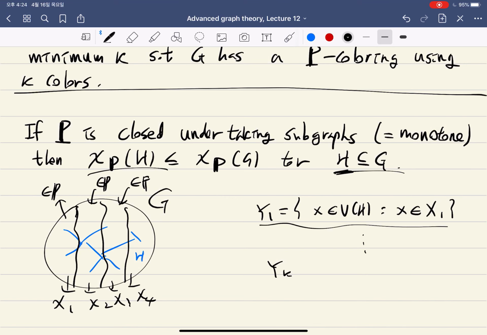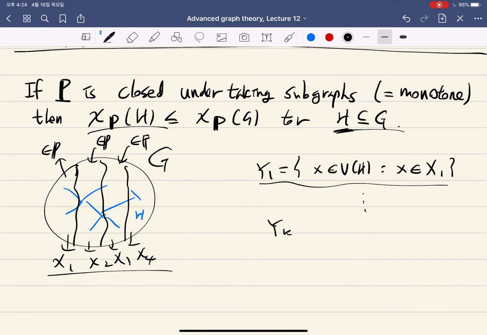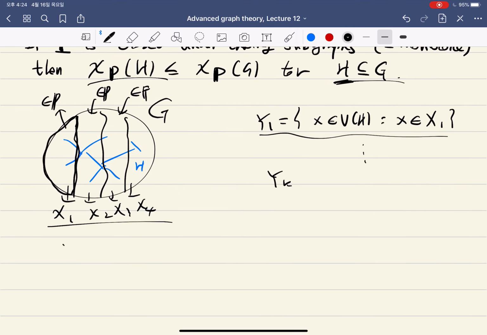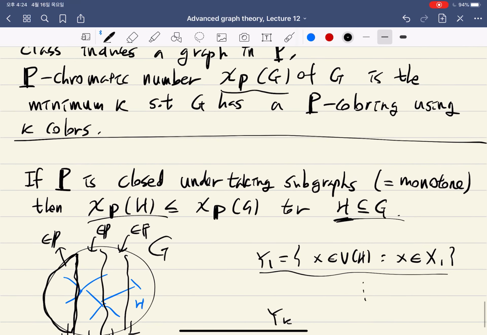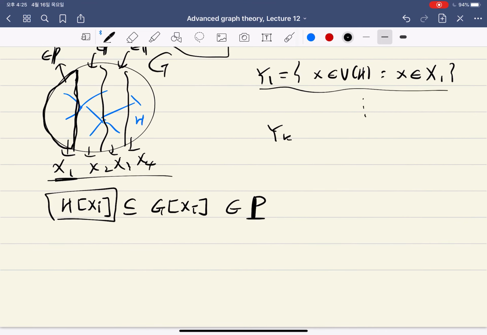Now the graph that H induces on each of these vertex sets is a subgraph of the graph G induces on xi, and we know that this is in P. Then we also know that this is in P. So any P coloring of G induces a P coloring of H in a natural way. So we get this inequality.